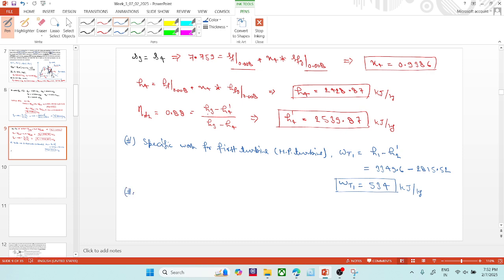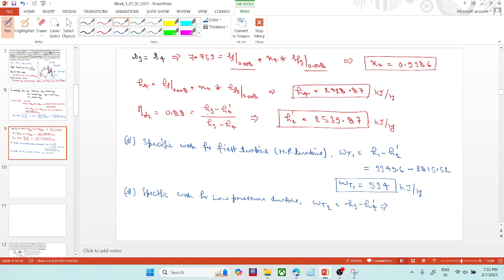Similarly, the specific work for the low pressure turbine, it would be WT2 is equal to H3 minus H4 dash.